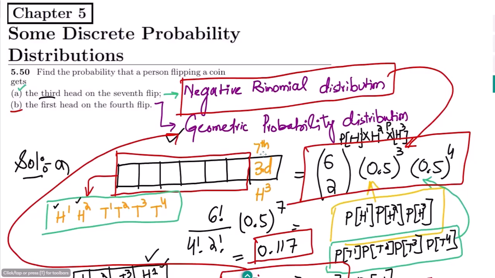We have discussed that we get the negative binomial distribution when we have a certain number of successes and want to identify that a certain number of successes has occurred at some trial, while in the geometric probability distribution we do the trials until we get the success or the required outcome.